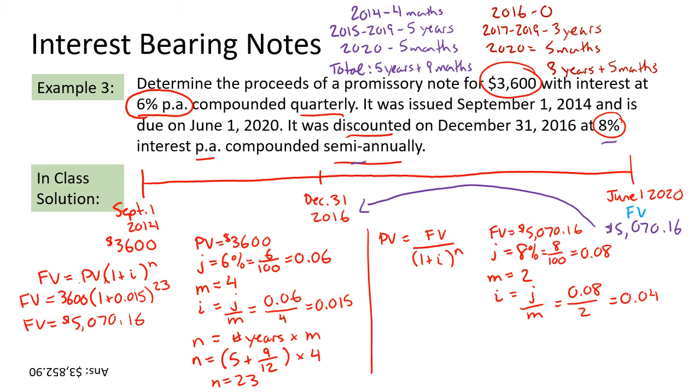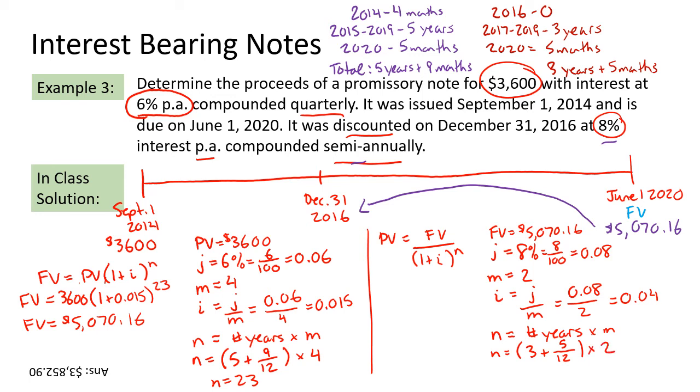So substituting that down in our formula for the total number of compounding periods, remember, it's the number of years multiplied by the compounding periods per year, m. And that's equal to 3 plus our 5 months, which we have to convert to years. So 5 divided by 12, since it's in months, and that's multiplied by 2.